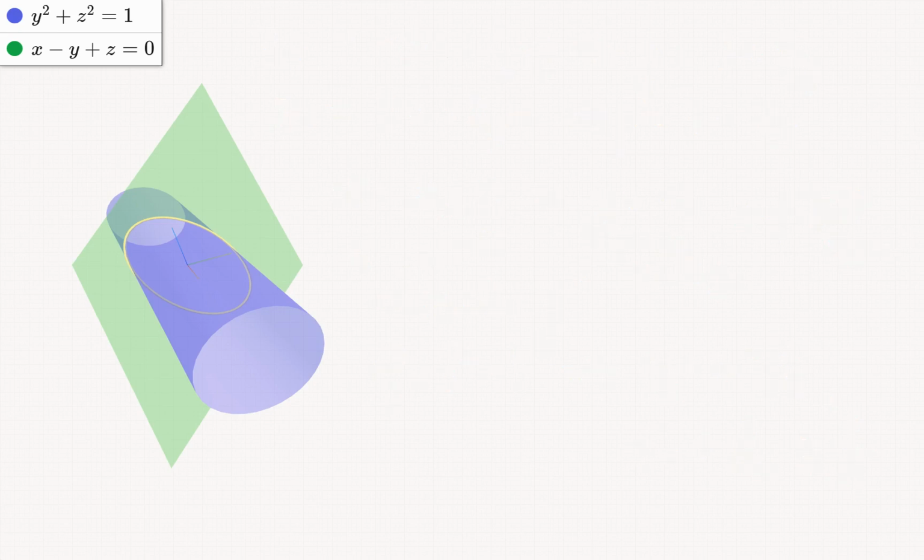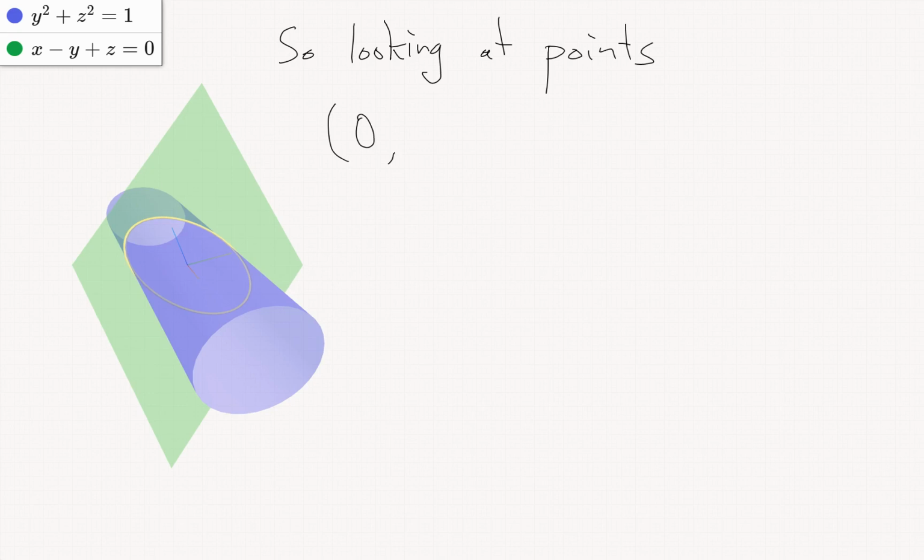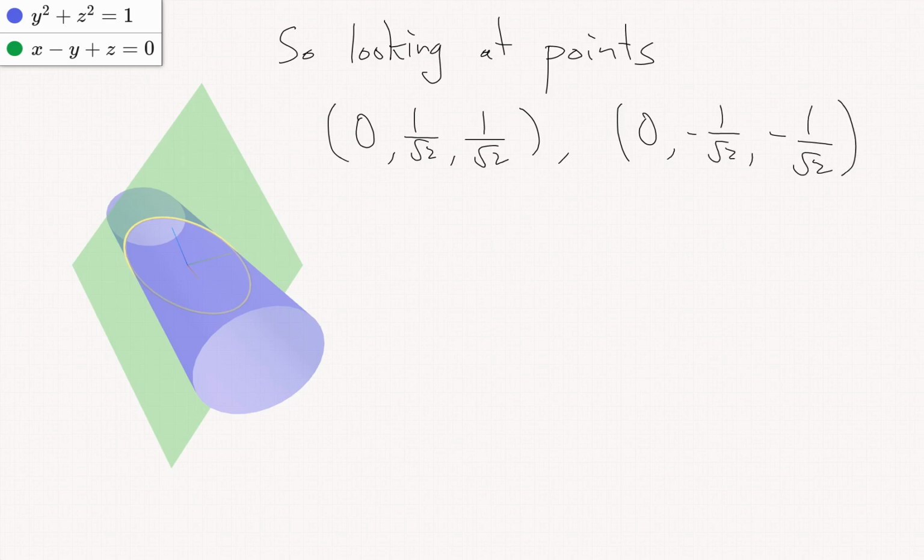So our points are, when x is 0, we'll have 0, 1 over root 2, 1 over root 2, and negative 1 over root 2, negative 1 over root 2.